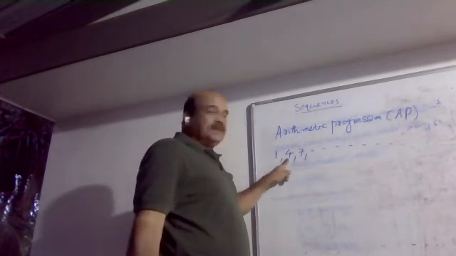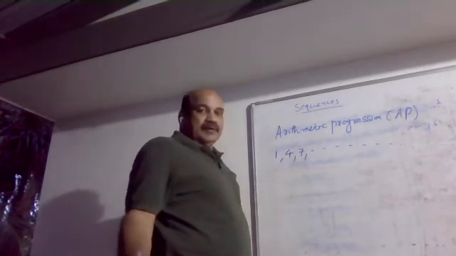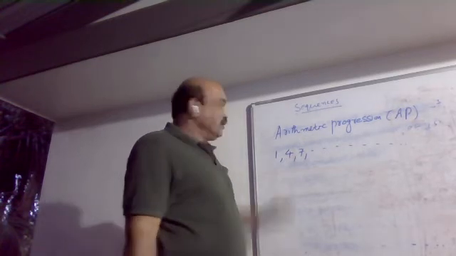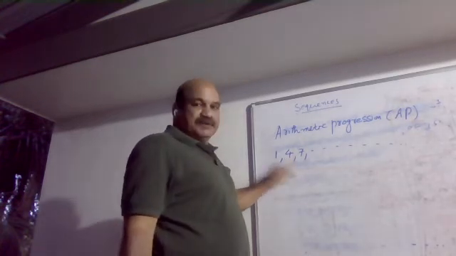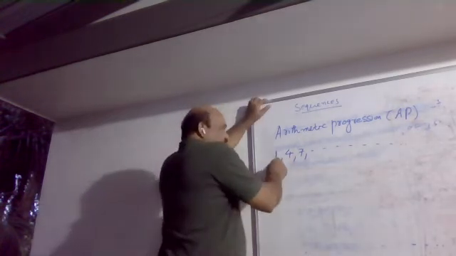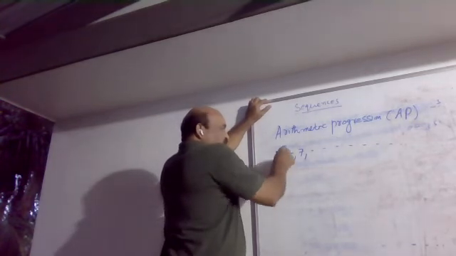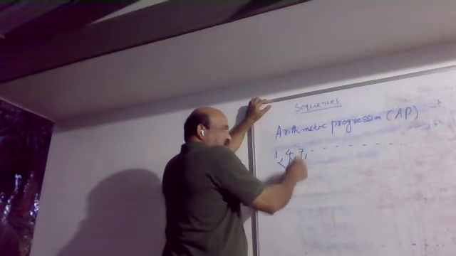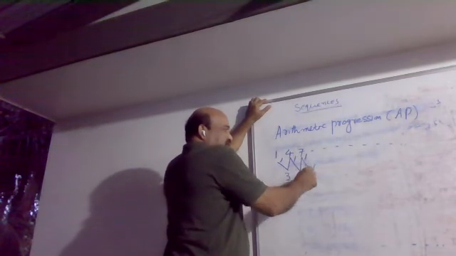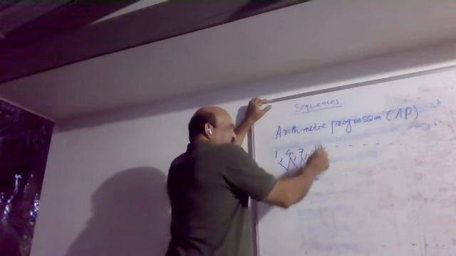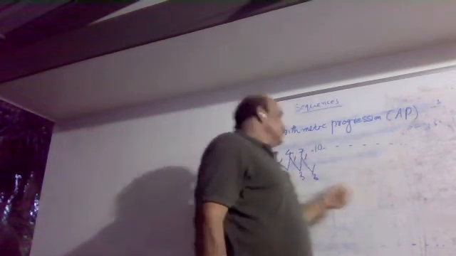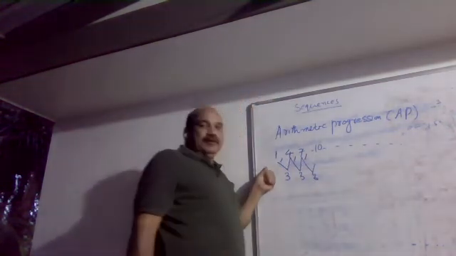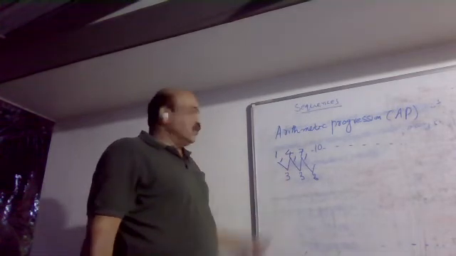Each term is obtained by adding a constant or a fixed number to the previous term, the preceding term. Here, 1 plus which number gives you 4? 3. And 4 plus 3 gives you 7. 7 plus 3 gives you 10. These are terms of the sequence. So each term is obtained by adding a fixed number or constant.